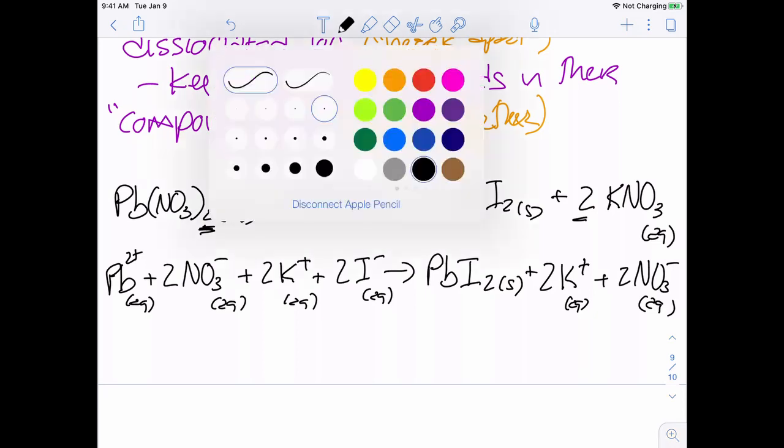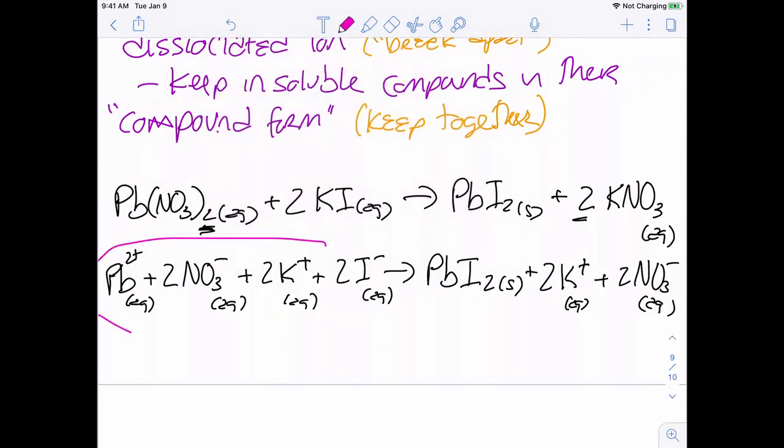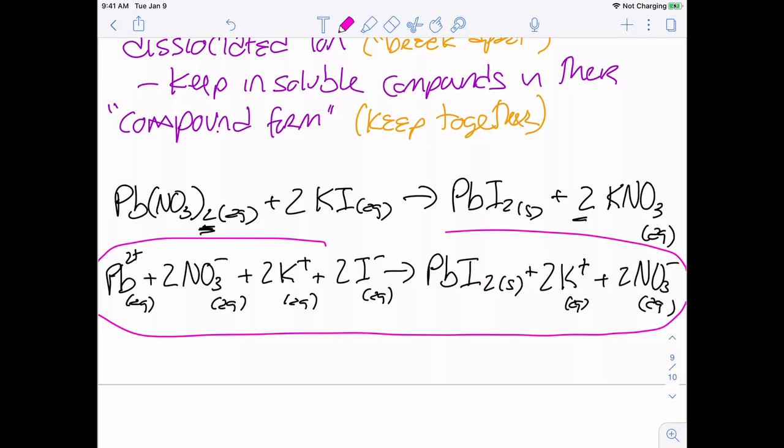So this here would be my ionic equation, right? We took everything that was soluble and we wrote it that way. We took everything that was insoluble and we kept it together.